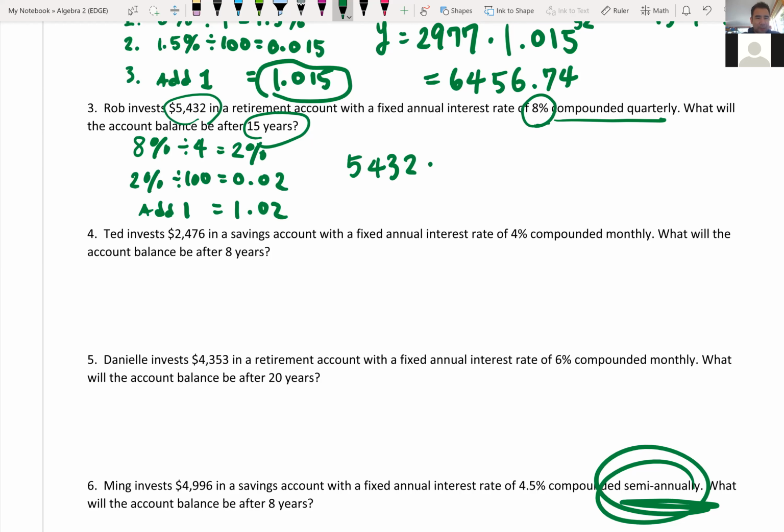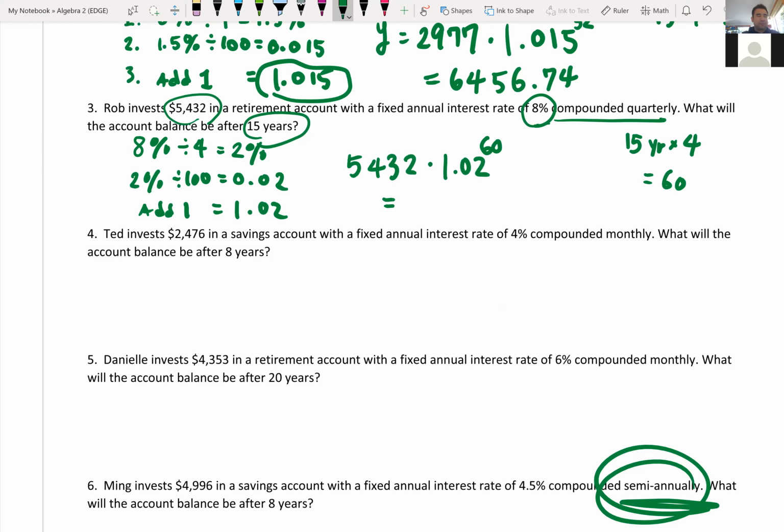5,432 times 1.02 to the, what's the time? 15 years. But 15 years times 4, which is 60. So the time is going to be the 60th power, right?